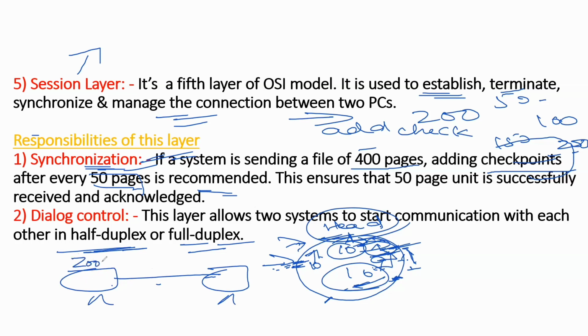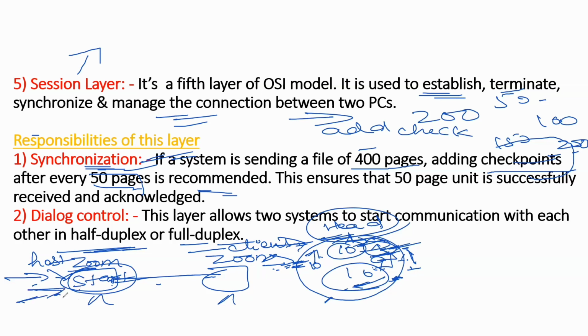You are using some application; I'm just taking the example of Zoom. This system has Zoom, and this system also has Zoom, and this is the host Zoom and this is the client Zoom. When you organize a session, it will start the session on the session layer. You are working on the software part.